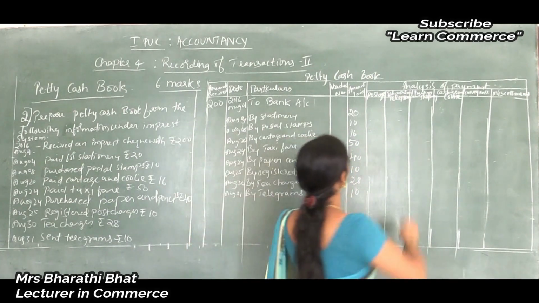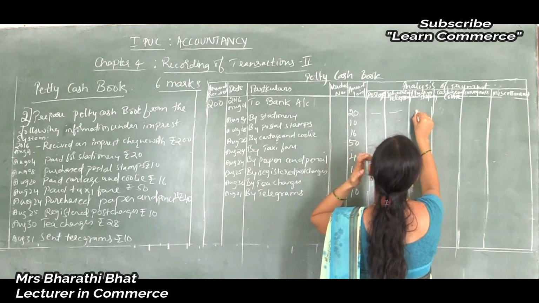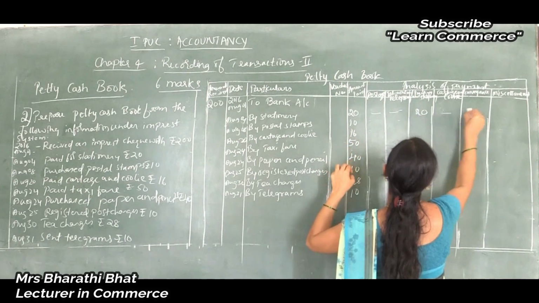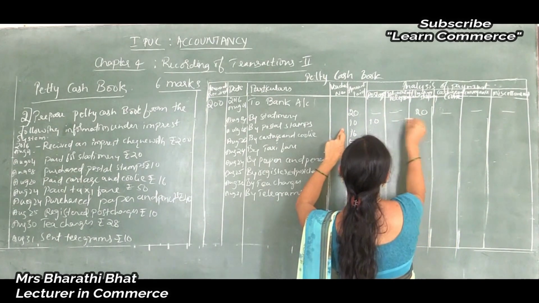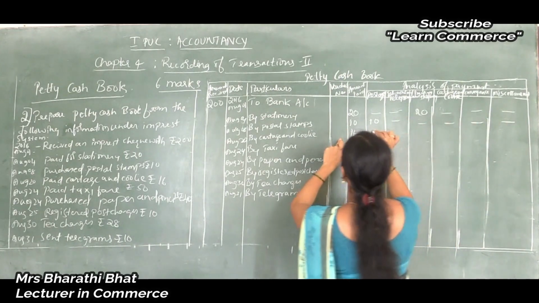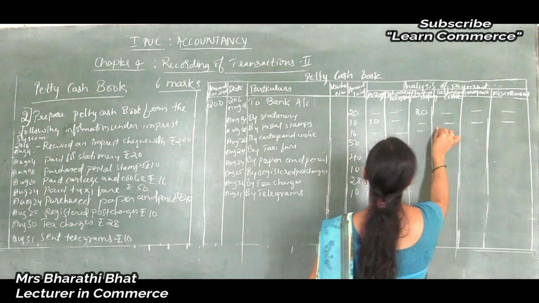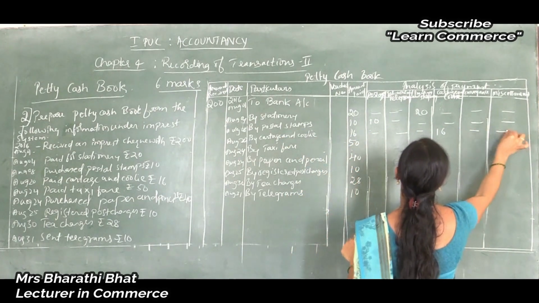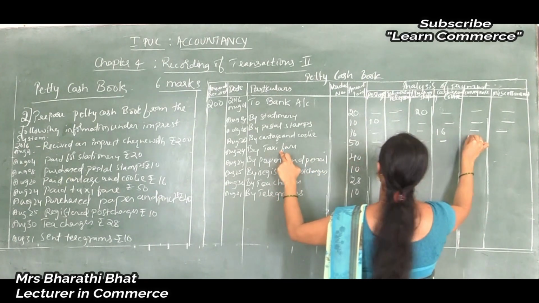The next step: stationery comes under printing and stationery 20, and next postage 10, rest of the columns nil. Cartage and coolie column, 16. Taxi fare, we know, conveyance.